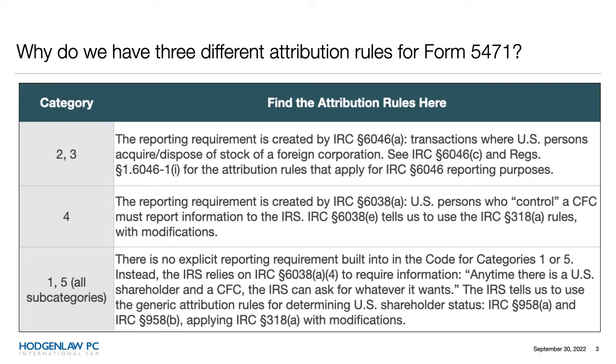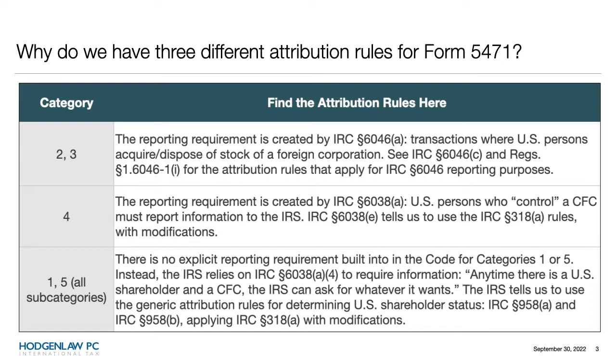And specifically, that's where the reporting requirement is laid out. So you have to file a piece of paper, says Congress, and built into that are a specific set of attribution rules for what does it mean to be an indirect shareholder and what does it mean to be a constructive shareholder in a foreign corporation. Or for those 2 categories, what does it mean to indirectly acquire stock or constructively acquire or dispose of stock.